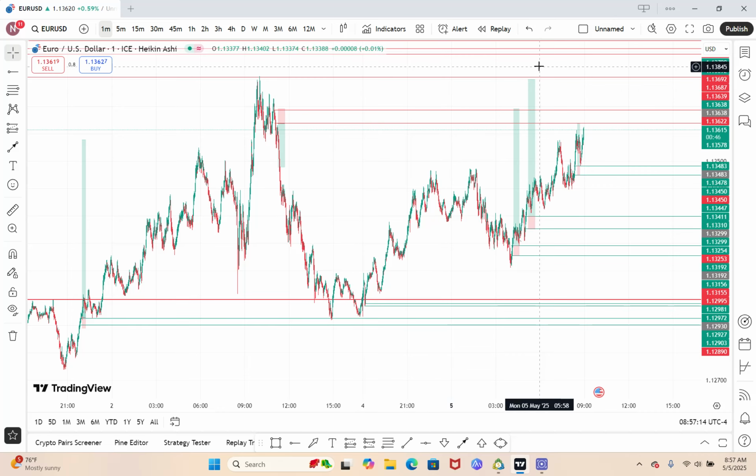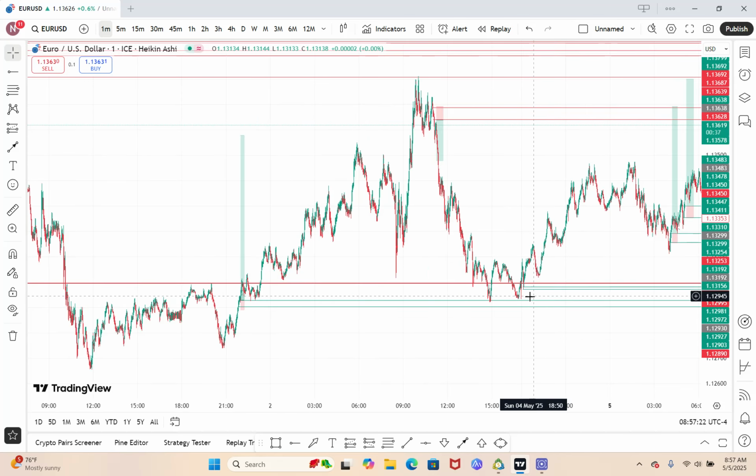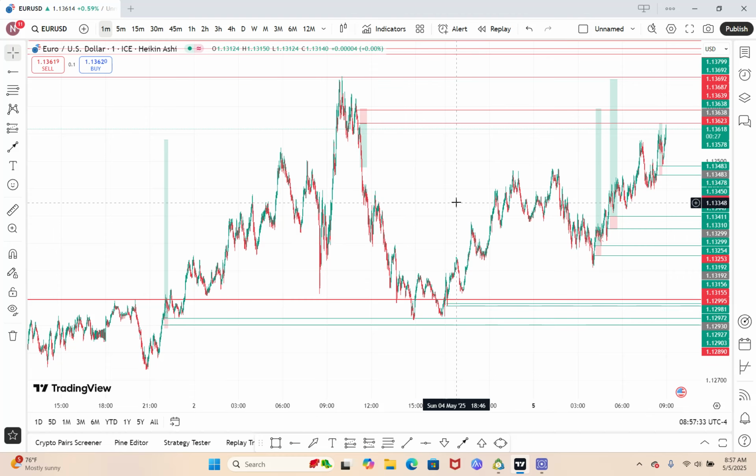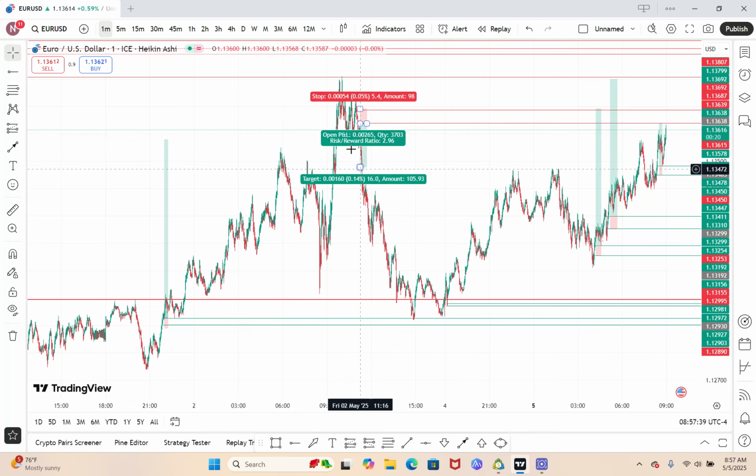Right, they're gonna want to take the market all the way up here to fill those orders and then taking the price back down in this era. If there are more orders they have, they're gonna do it over and over again all day, every week. You have to just find the areas where they are moving the market from, the major areas where they are moving the market to and from.